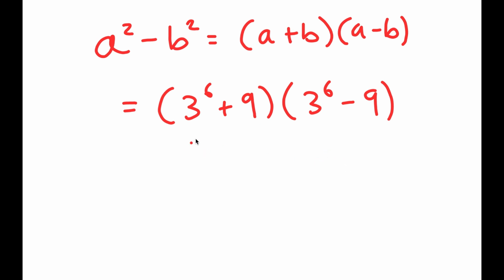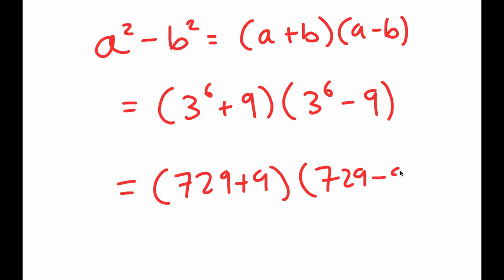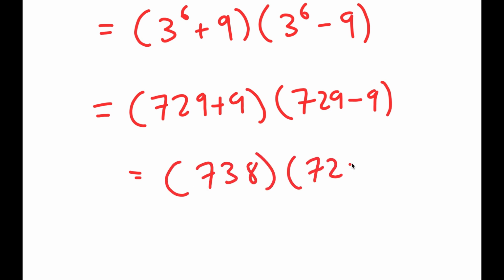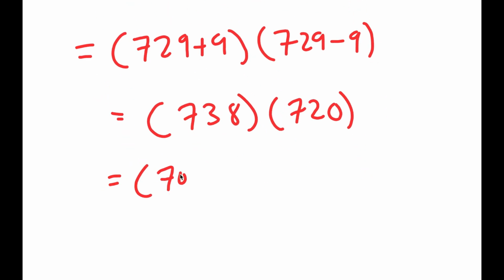Now, 3 to the power of 6 is equal to 729. So I get (729 plus 9) times (729 minus 9), which is equal to 738 times 720. Now, this is the same thing as (700 plus 38) times (700 plus 20).